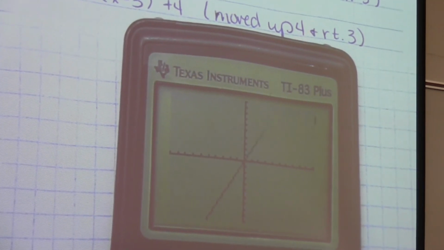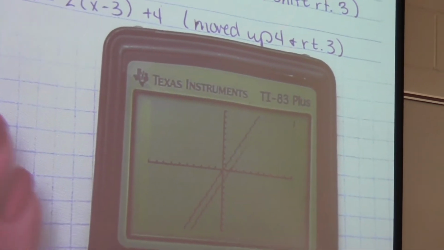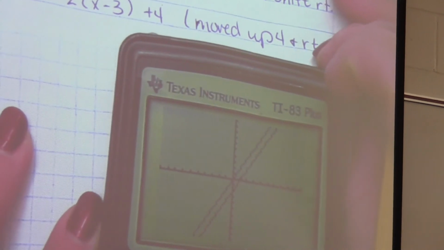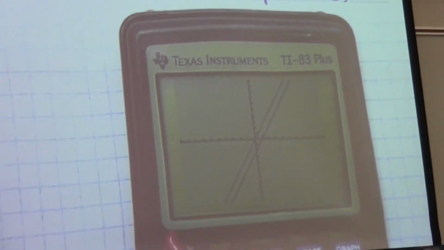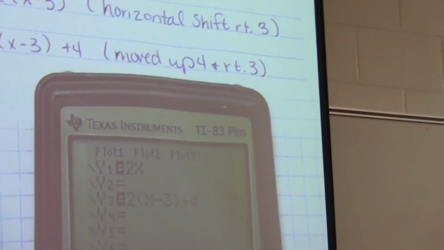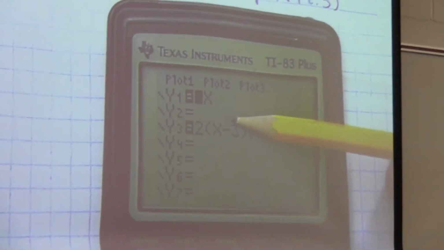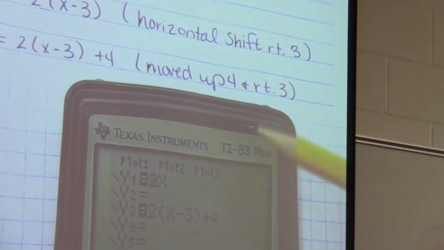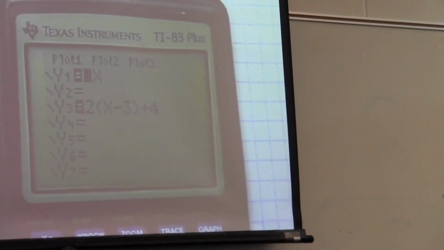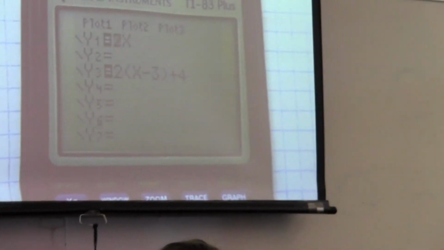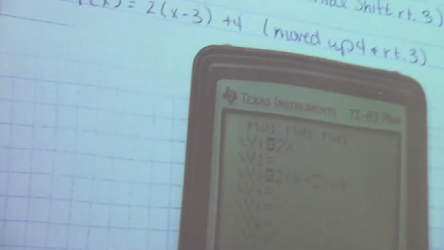Our new line is over and up. So it's over 3 and up 4. The inside of the parentheses moves left and right. The outside of the parentheses moves up and down. Questions about that? All right, you can stop that for a second.